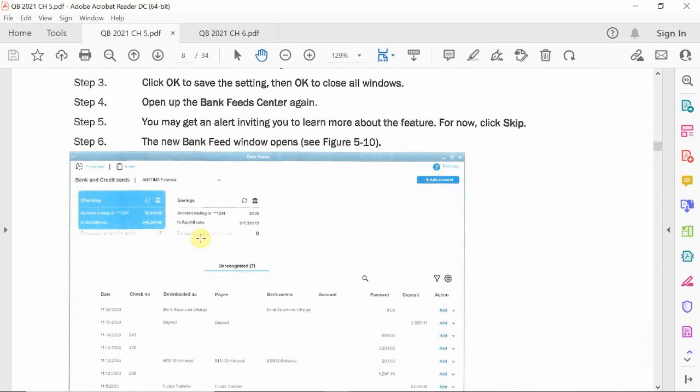You can have access to as many accounts as you want to put on here. That's the great thing, it helps you save time instead of opening 5 different tabs to go into 5 different bank accounts. You can have them all open in one. It will list your checking account, your savings account, your credit card, any account you want, but you have to set it up using Bank Feeds.